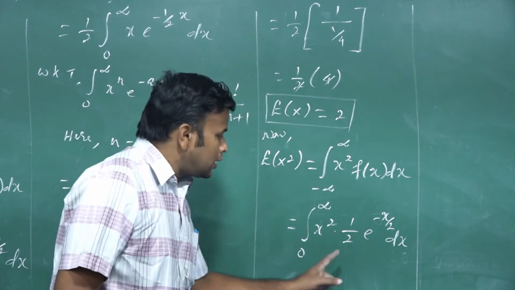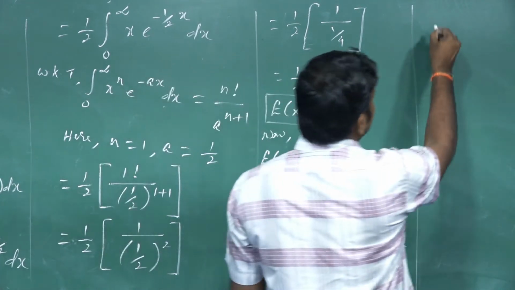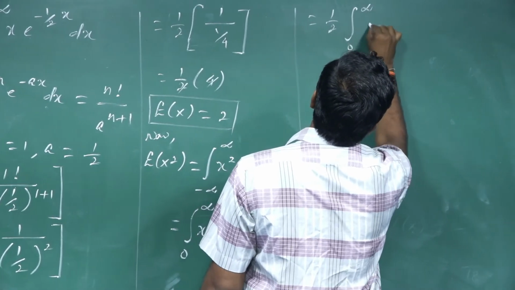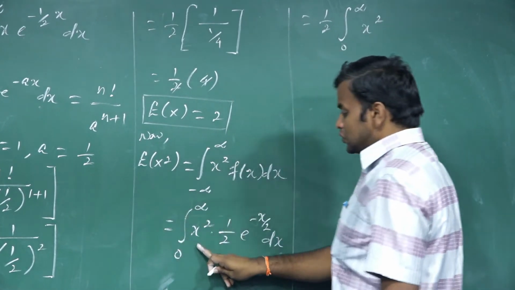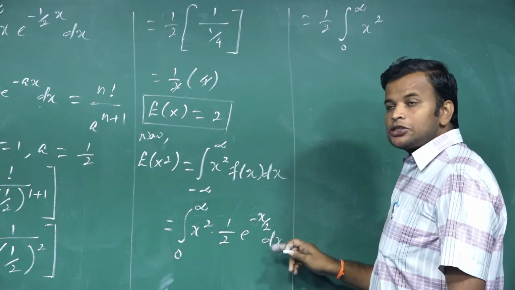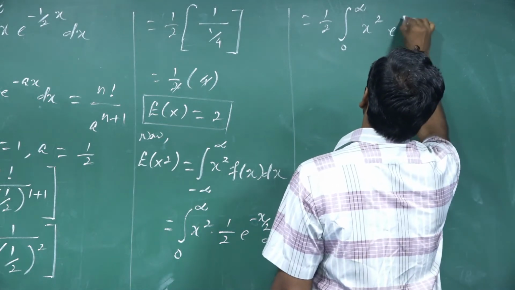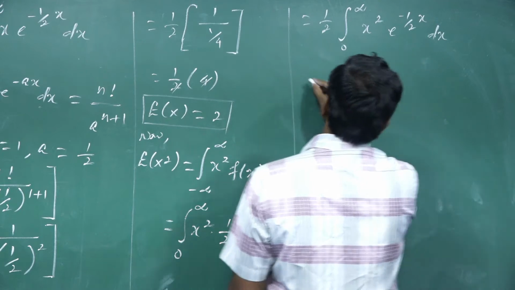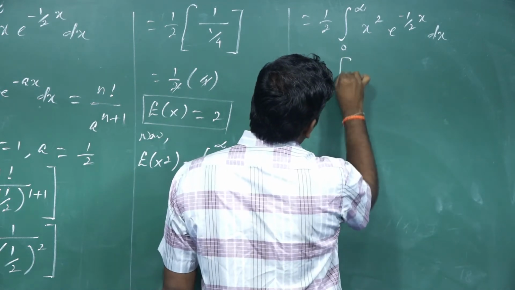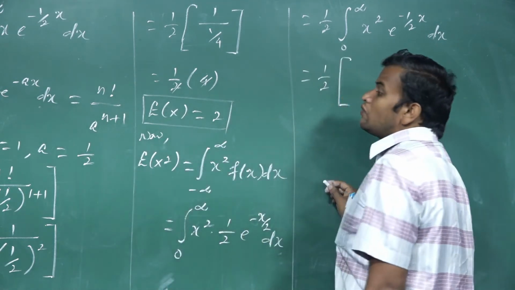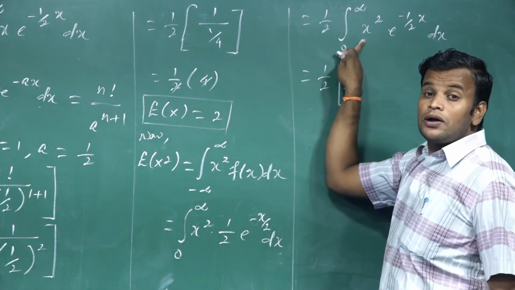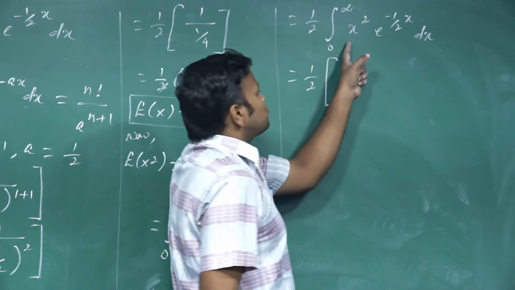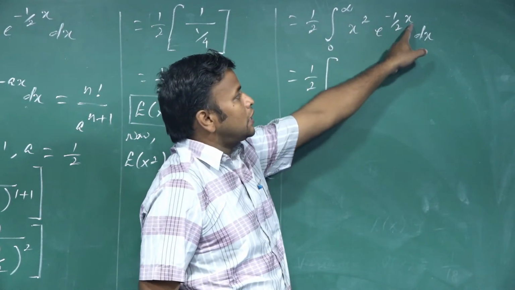What is the next step? Same. We take the constant 1 by 2 outside. 0 to infinity x square, and we write e power minus x by 2 as e power minus 1 by 2 into x into dx. So 1 by 2 of, we already wrote the formula, it is of the form 0 to infinity x power n into e power minus ax dx.